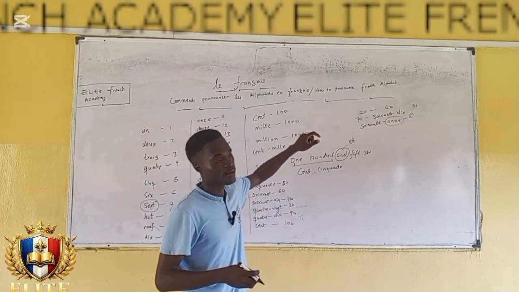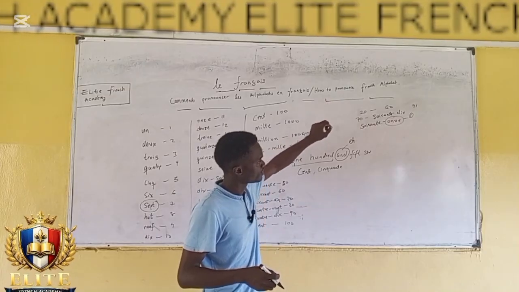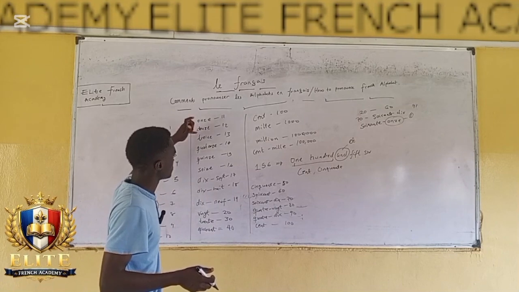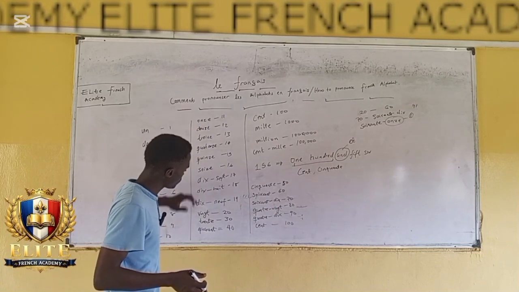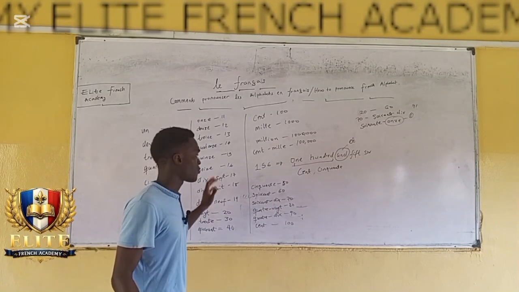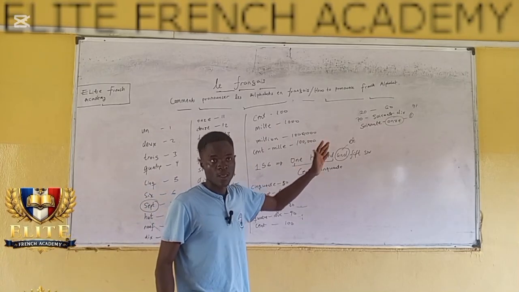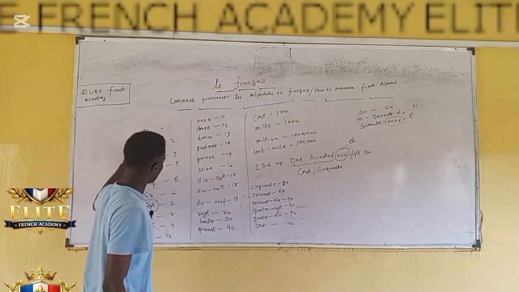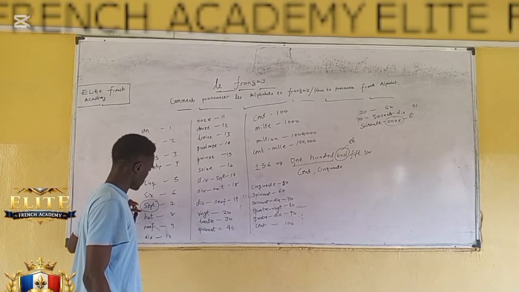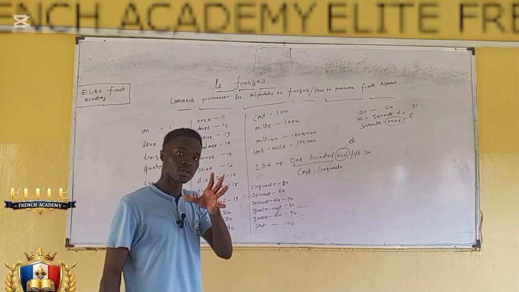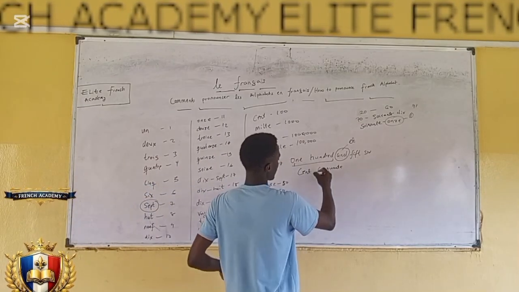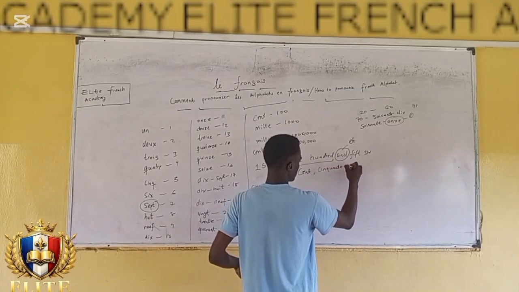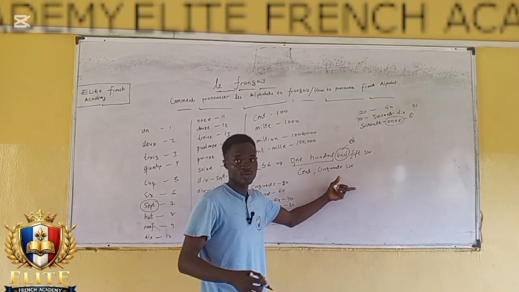If you are spelling from 70 and 90, you use 11 to 19 for 71, 72, 73, 74. But when it comes to 20 to 60, you use 1, 2, 3, 4, 5, 6, 7, 8, 9, 10. Do you understand what I'm trying to say? So now let's start from where we stopped. 156. 100, 6, and that's all.